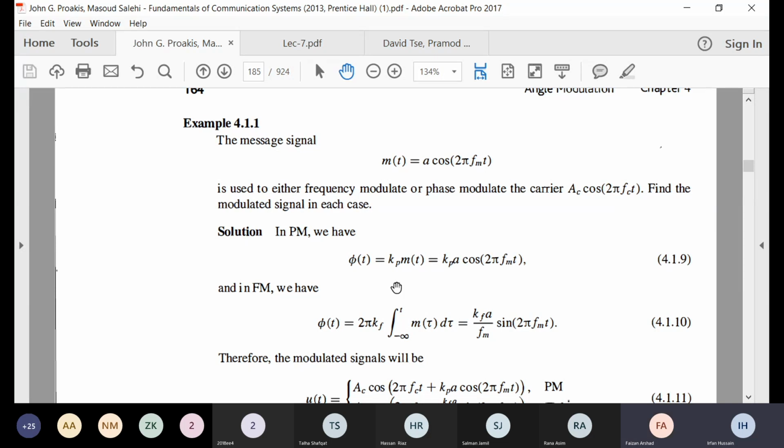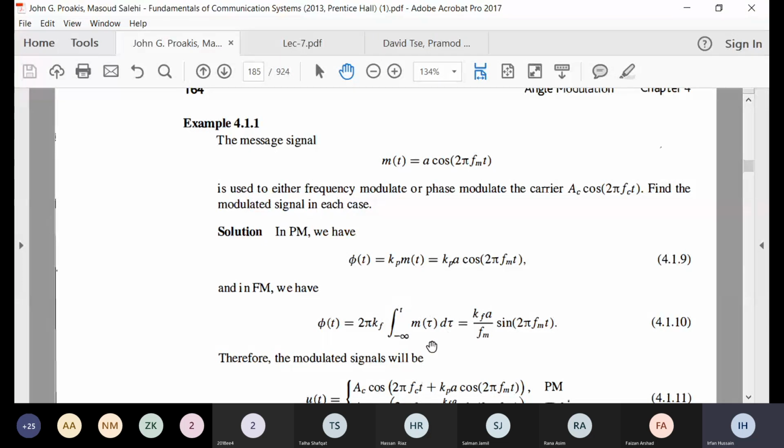In FM, the integration, how did we use it? Obviously you want to bring it to t, so you have to integrate over another variable, tau. The integral will be from minus infinity to t, and you're integrating the whole signal from minus infinity up till t so that you get the phase at time t.